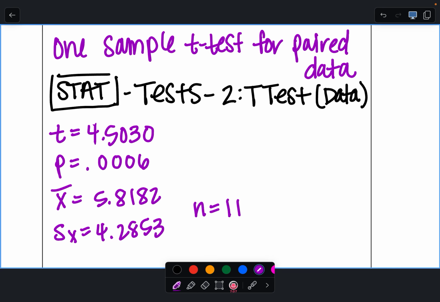Why was it wrong? But if I can look at your summary statistics and I can see, okay, they have an incorrect x bar, for some reason it is 5.2 instead of 5.8, I can kind of pin down where I think it's going wrong.